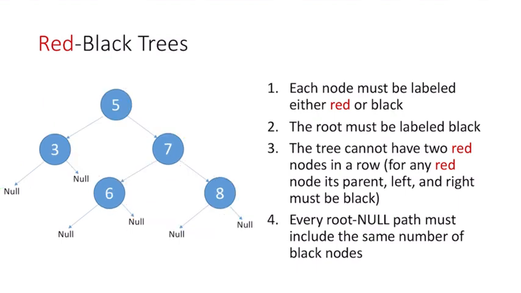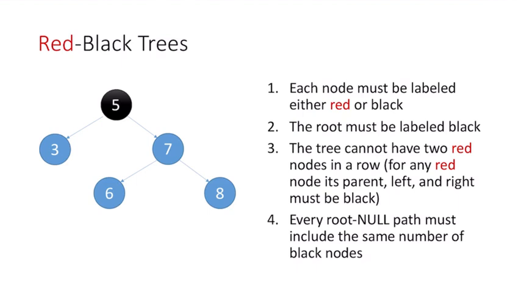Can we color this one as a valid red-black tree? And yeah, it turns out we can color this one to be a valid red-black tree, so let's start again. We can color the root node, and from here on out I'm going to stop showing the nulls just so I don't have to put as many things and clutter up the slides.